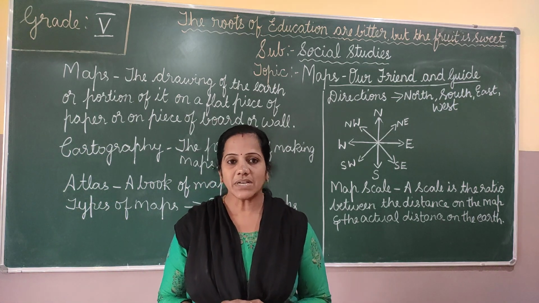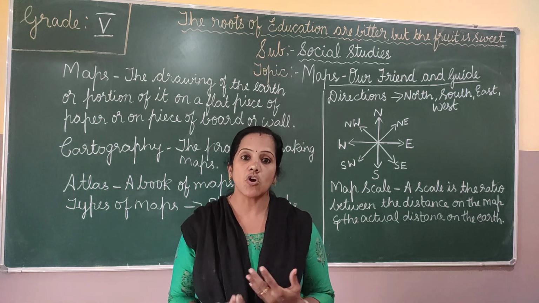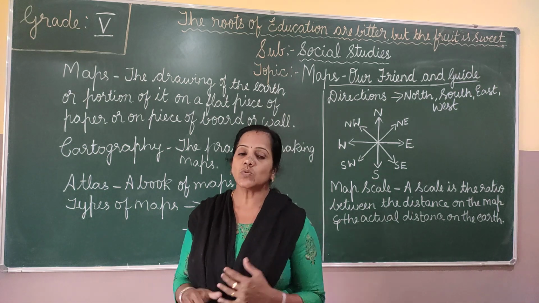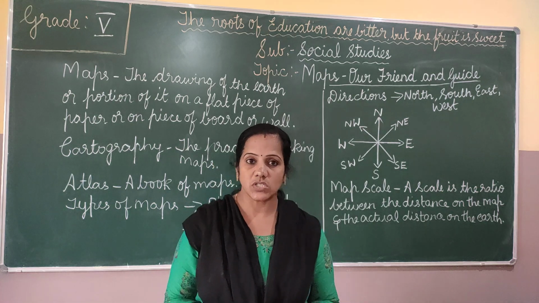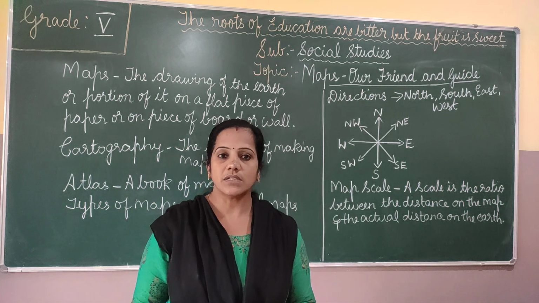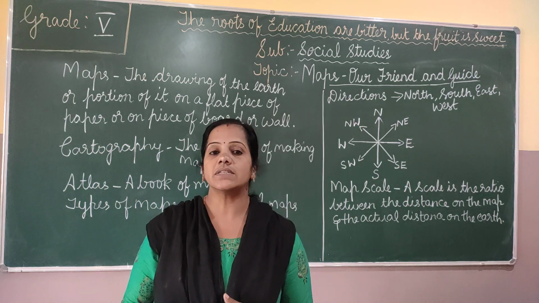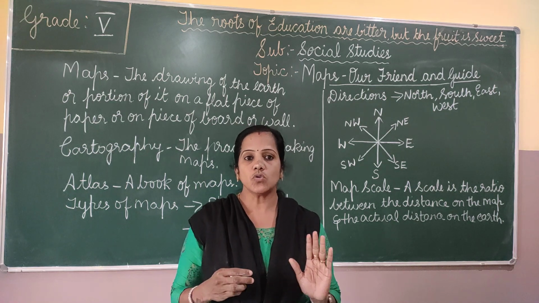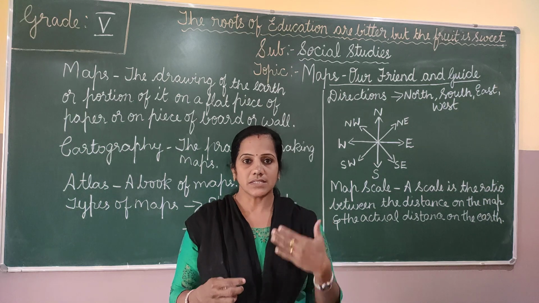But in spite of this, there are several shortcomings of this globe. I'll say what they are. The globe is difficult to carry from one place to another, and on the globe it is difficult to show the whole world at a time.